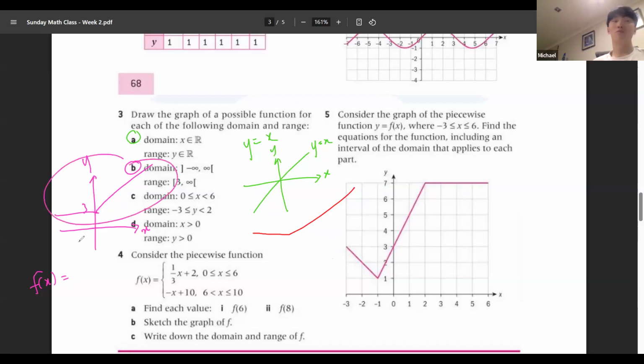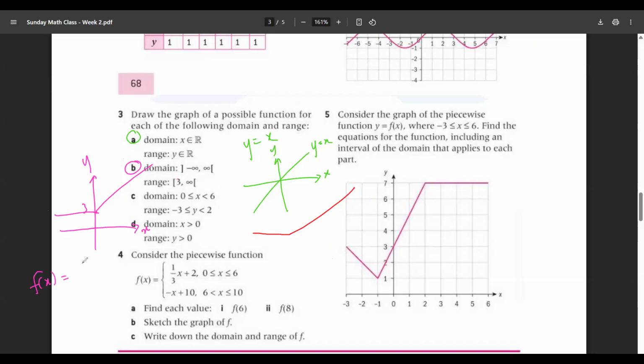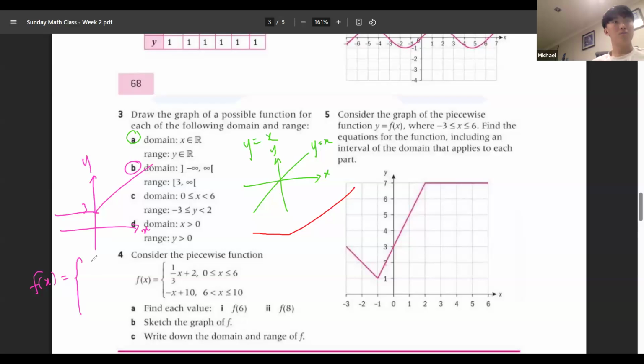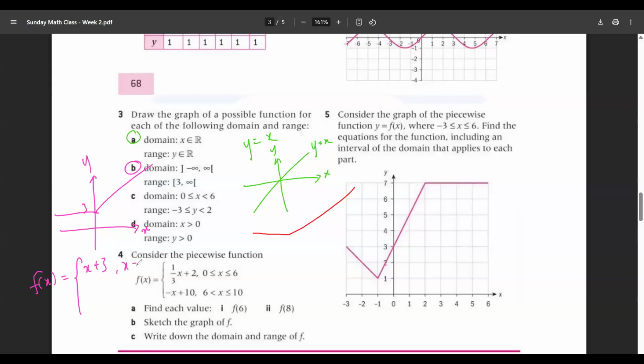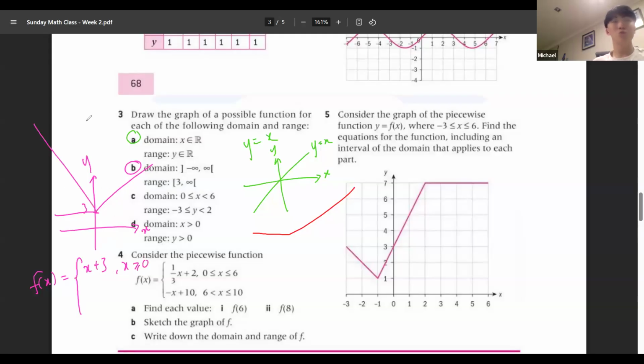Anyway, let's look at this graph first. So when x is positive, this is pretty much y equals x plus 3, right? Bigger or equal to 0. And when it's smaller, you could technically do this as well, right?